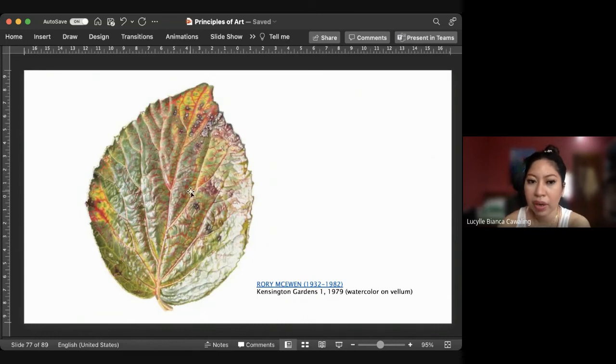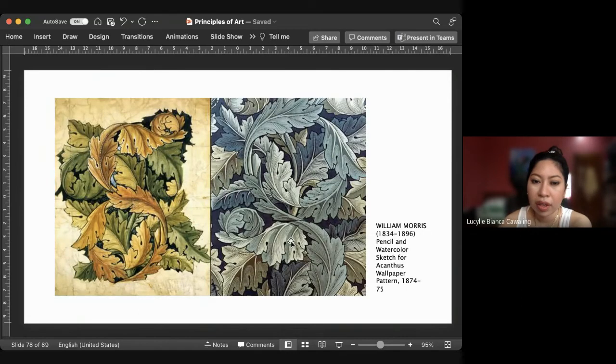This is watercolor on vellum by Rory McEwen. And then this is a man-made pattern by William Morris. This is a pencil and watercolor sketch for a wallpaper pattern.